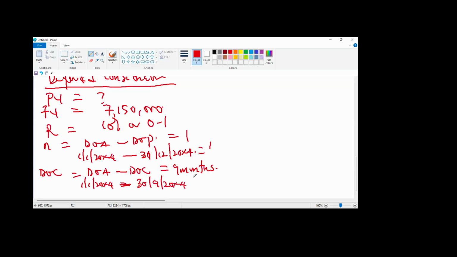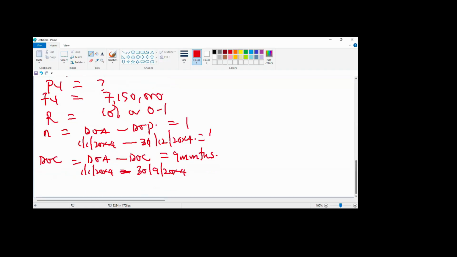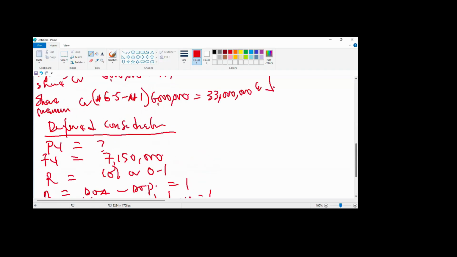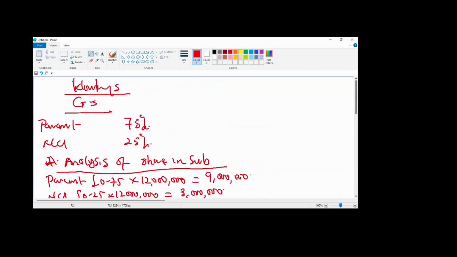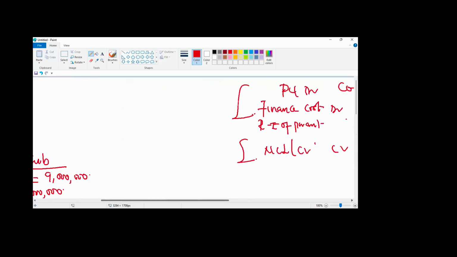That is 9 months. With this now, I can put it into the formula to get the present value.